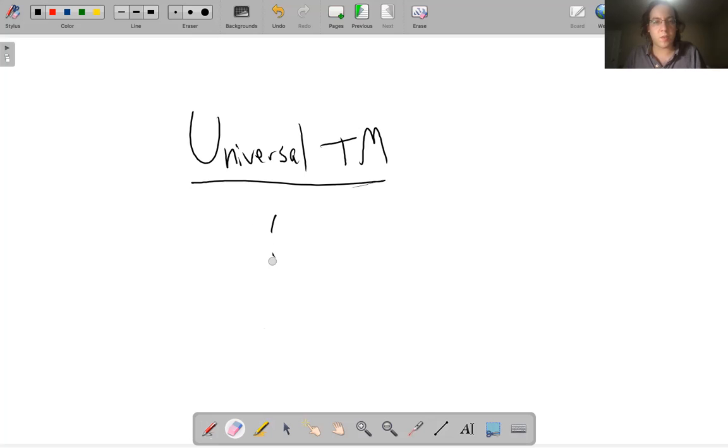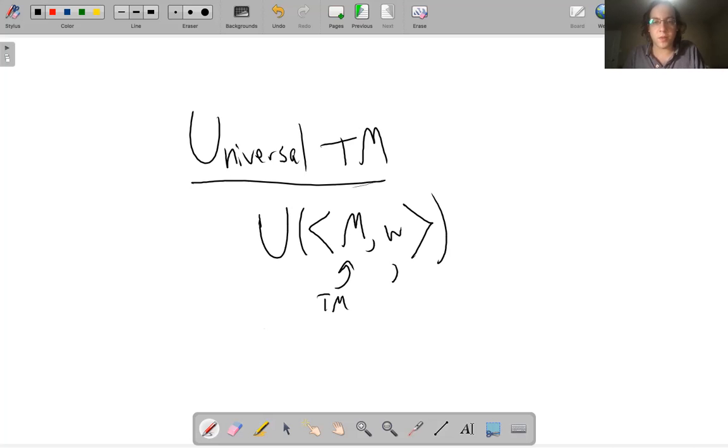Let's denote this machine by U. This is a TM U, and it will take as input this pair M, W in stringified version, where M is a Turing machine and W is a string.